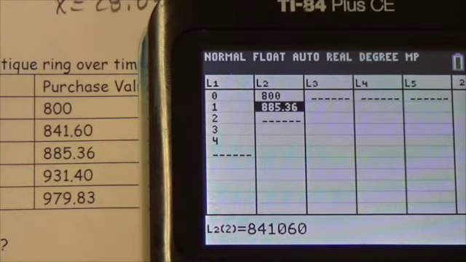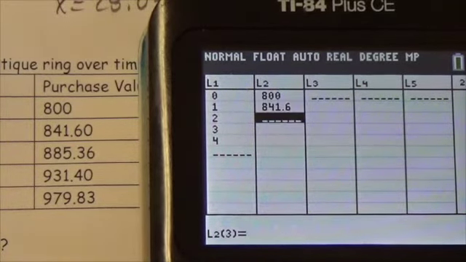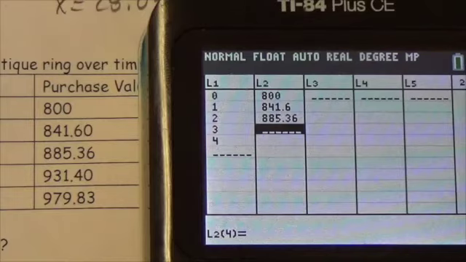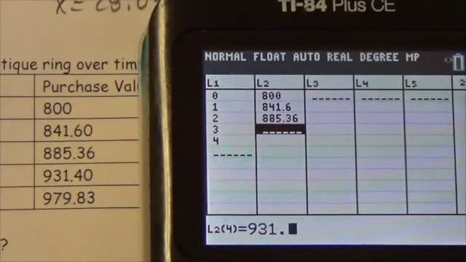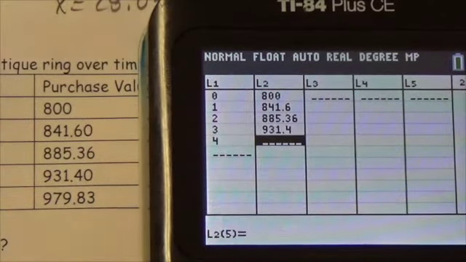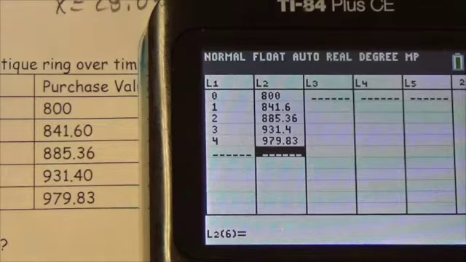See, it's not doing that point there. 841.60, enter, 885.36. There, that's looking better. 931.40, enter, 979.83, enter. There we go. So now my data's in there.